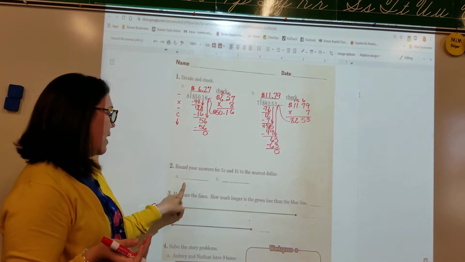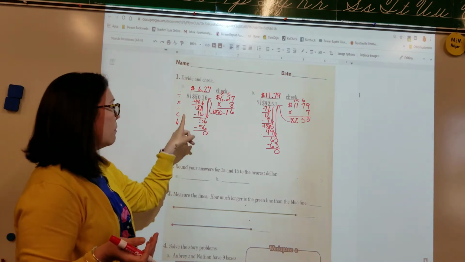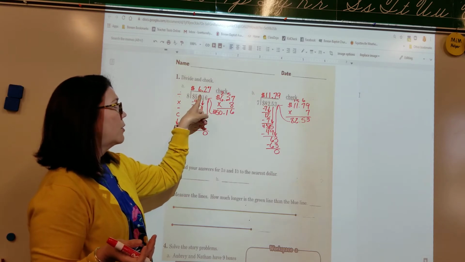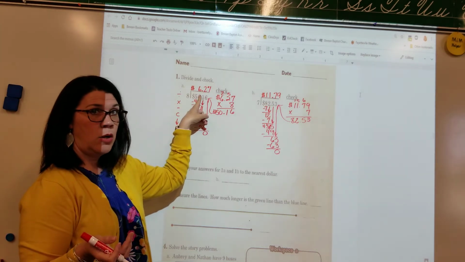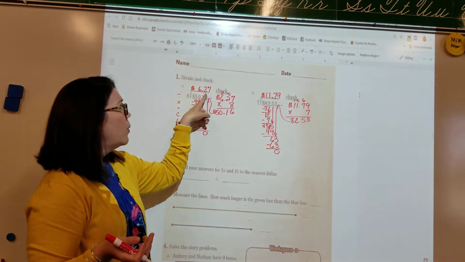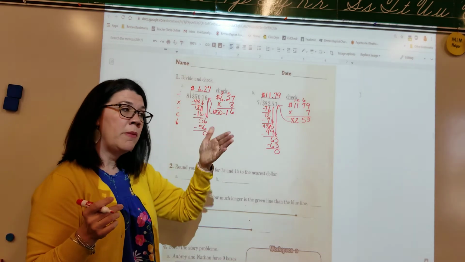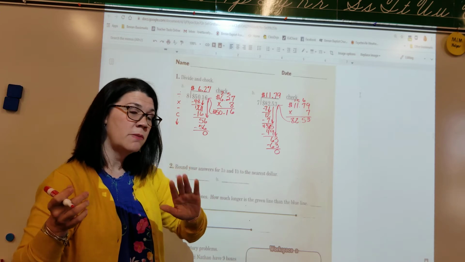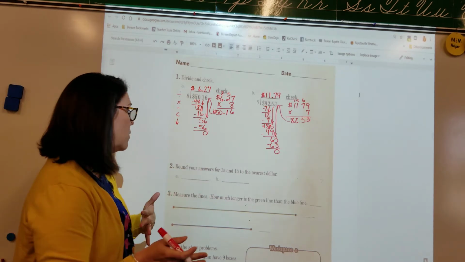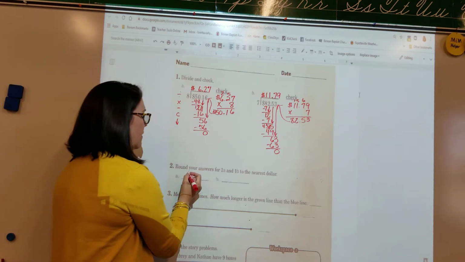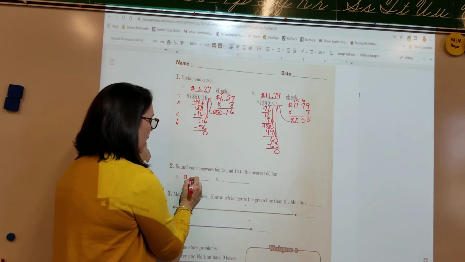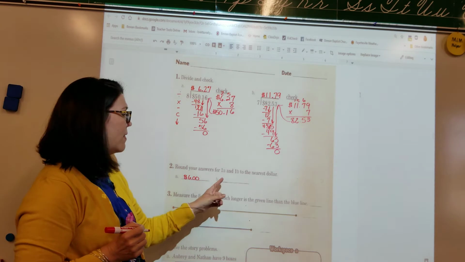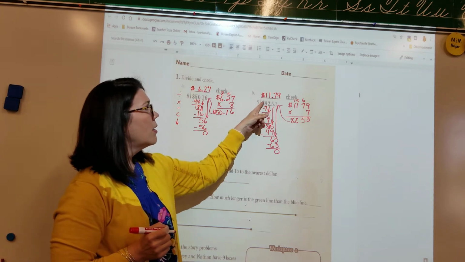So letter A here is asking us what we're going to do with $6.27. All right, so with the 27 cents, that meets the requirement from 1 penny to 49 cents, so that means our dollar stays. So our cents go away, they just become 0, but our dollar stays the same. So down here, next to letter A, you're just going to write $6, okay? And then this letter B is asking us about letter B up here.